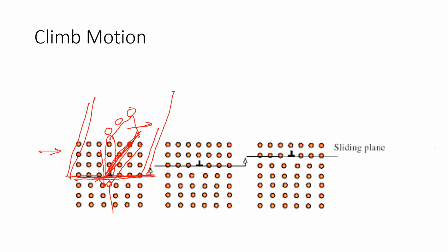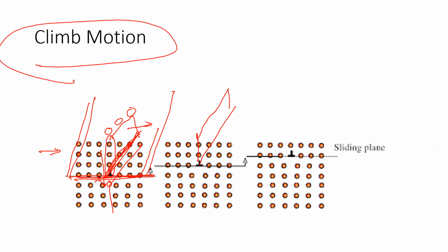How does it move down? By inserting a layer of atoms. Now think about removing a layer of atoms. What will happen? The plane will move up. It is climbing up. This type of motion is called a climb motion.